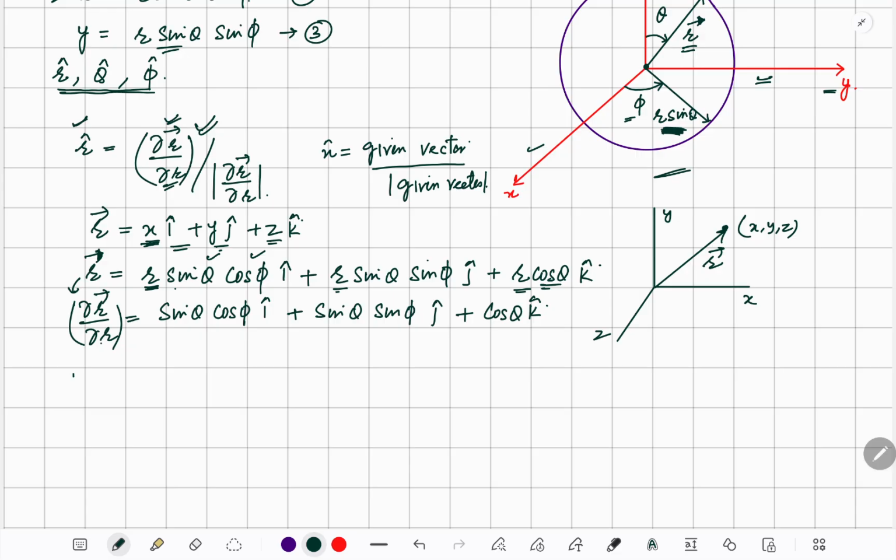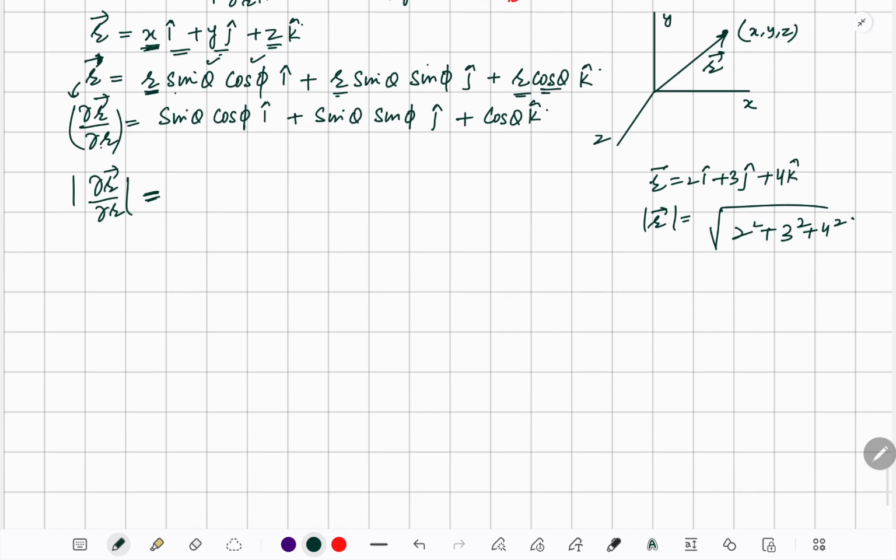Now its magnitude is dou r by dou r. I hope you know any vector, if we have any vector like r is given by 2i cap plus 3j cap plus 4k cap, then magnitude of r is given by root of 2 square plus 3 square plus 4 square. I hope you know all these things.